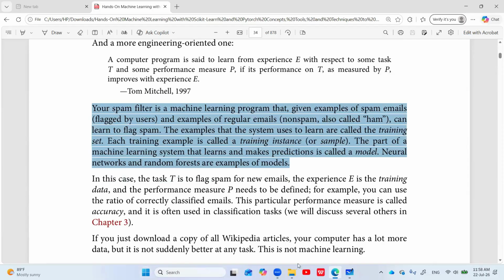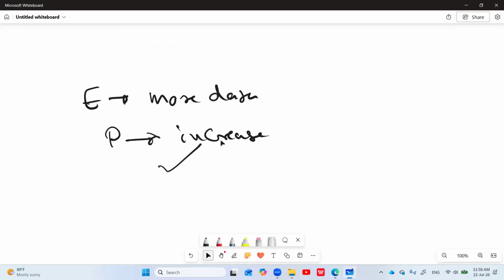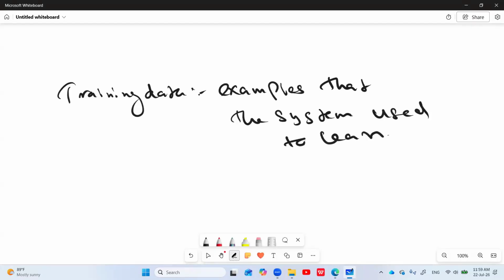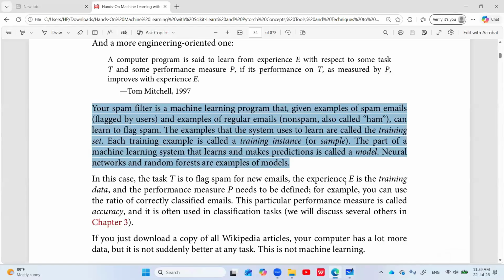We'll move to the writing pad again. The examples, training data. The examples that the system uses to learn are called the training set.